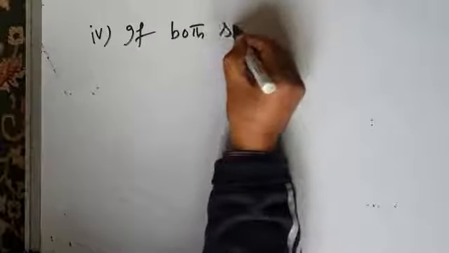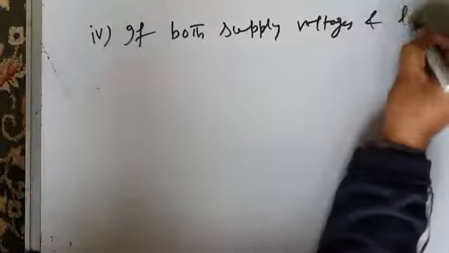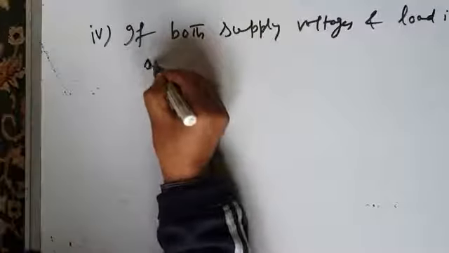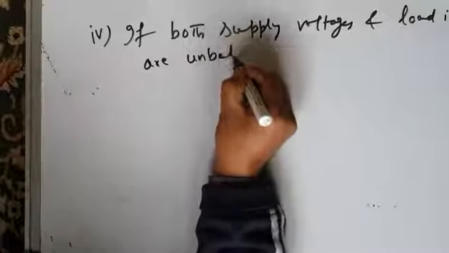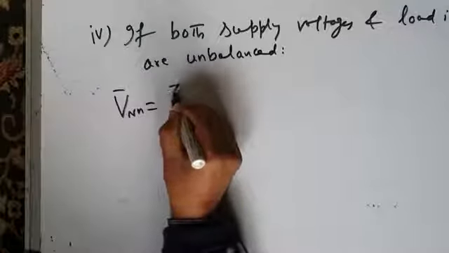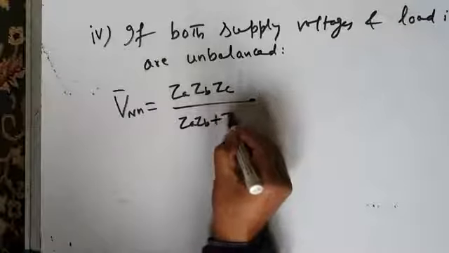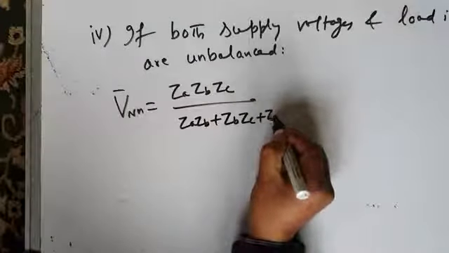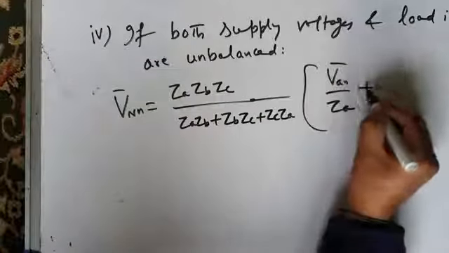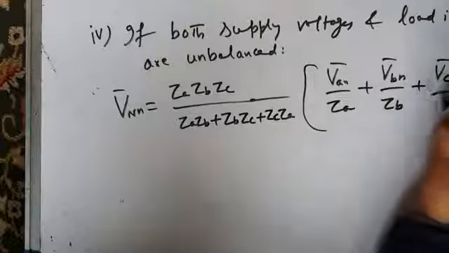If both supply voltages and load impedances are unbalanced, in that case you have to use this entire equation, VNN equal to ZA, ZB, ZC divided by ZA, ZB plus ZB, ZC plus ZC, ZA times VAN by ZA plus VBN by ZB plus VCN by ZC.